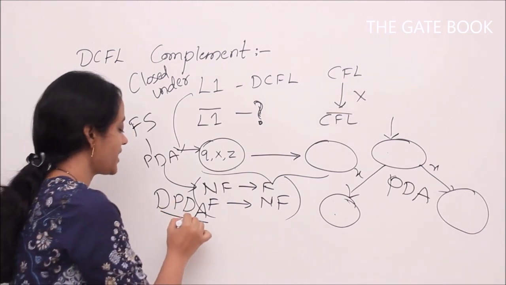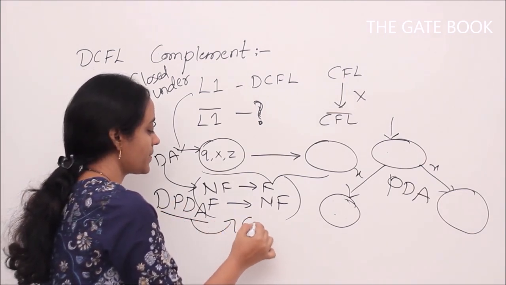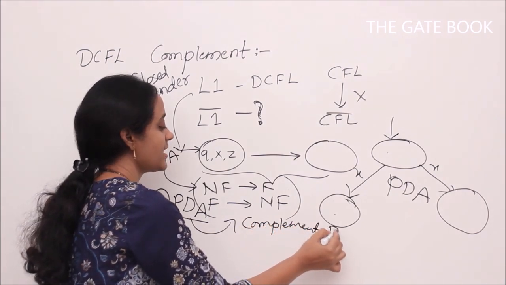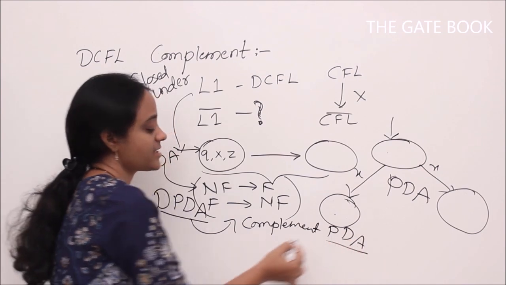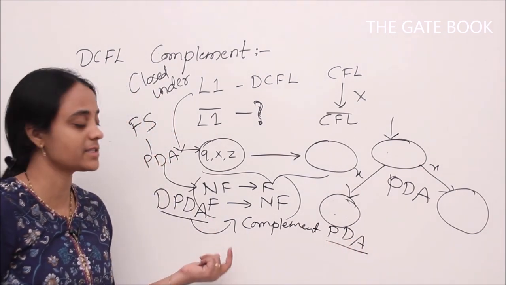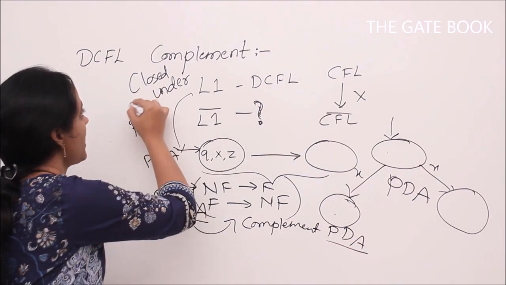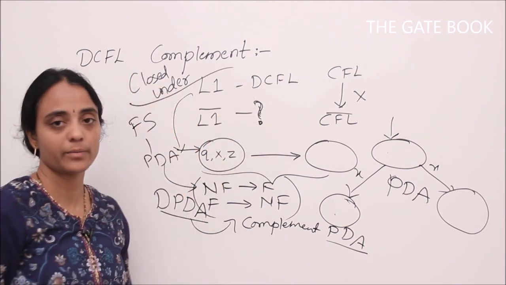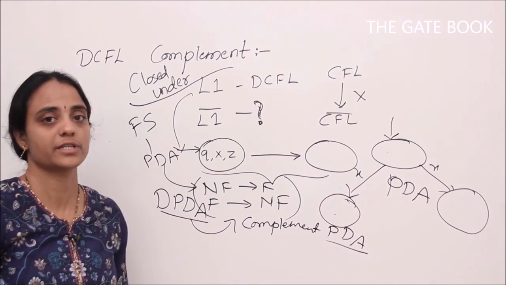We can have a complement PDA which is again deterministic, because we haven't changed any transition, so there will not be any non-determinism. That's why DCFLs are closed under complement, but CFLs are not closed under complement.